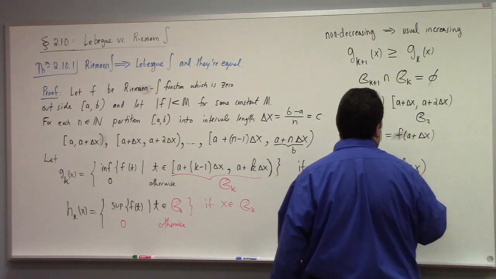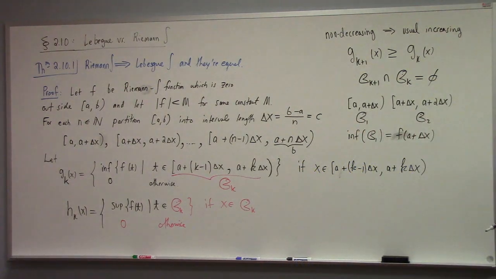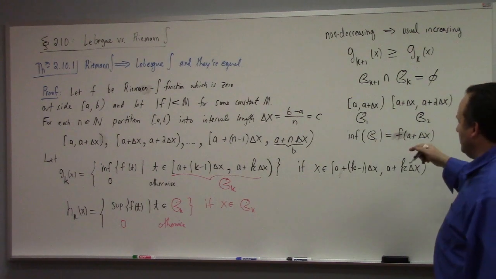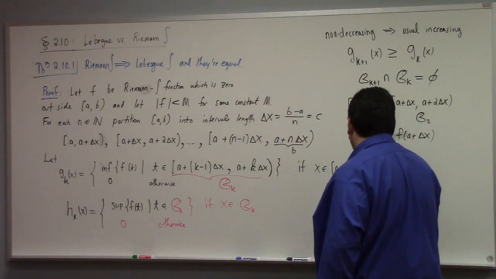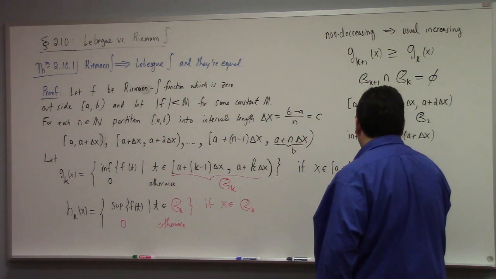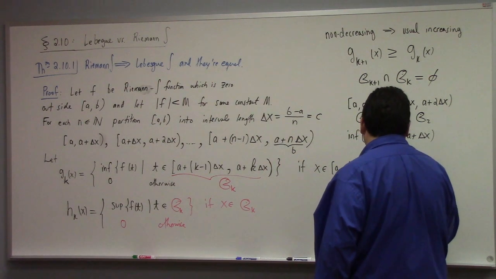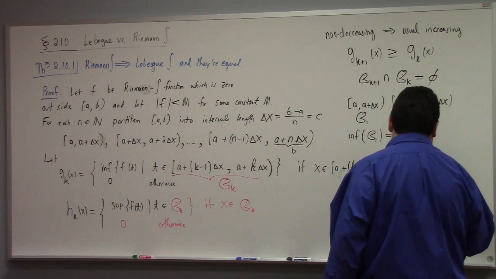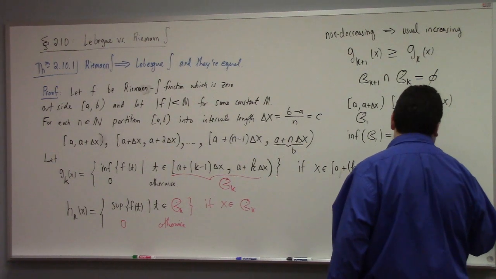That could happen. More to the point, f of t has to be less than or equal to f of A plus delta x for all t in Pac-Man 1, right?